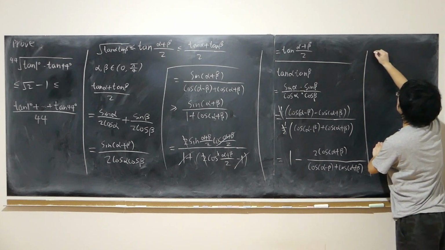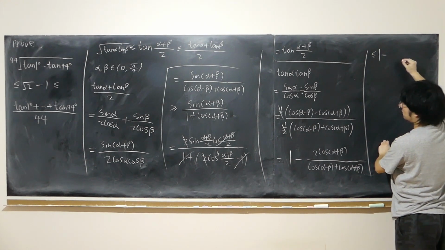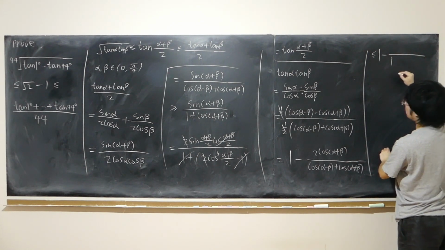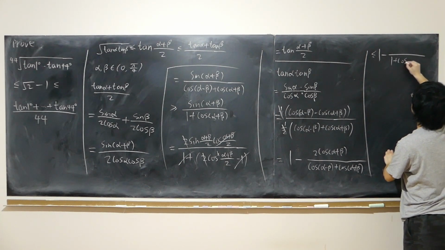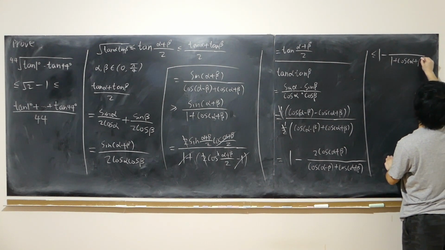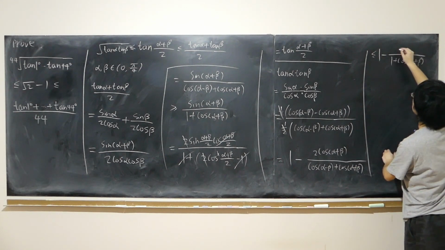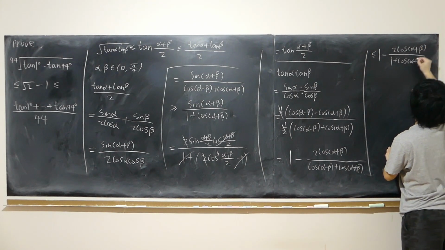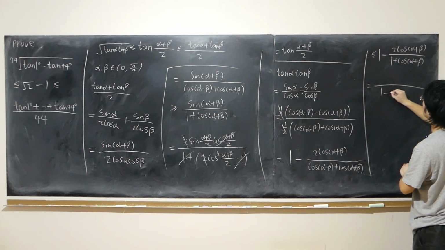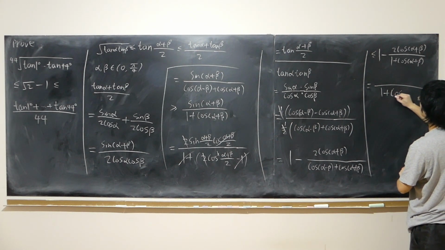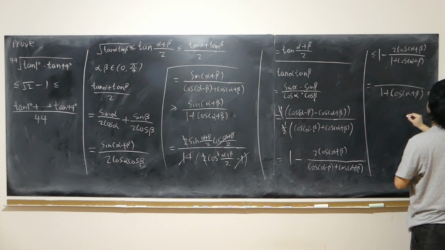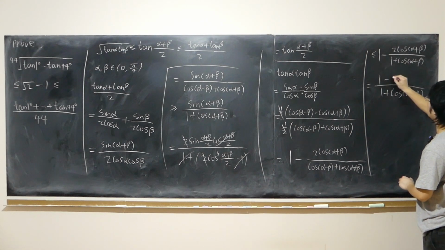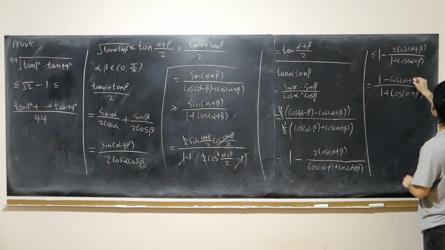So that is less than or equal to 1 minus twice cosine alpha plus beta over 1 plus cosine alpha plus beta. That is equal to 1 plus cosine alpha plus beta, and then minus twice cosine alpha plus beta.